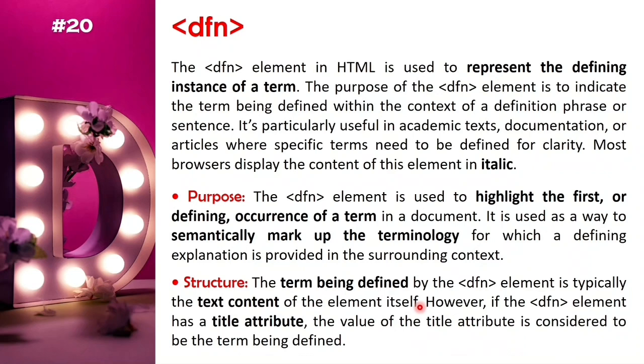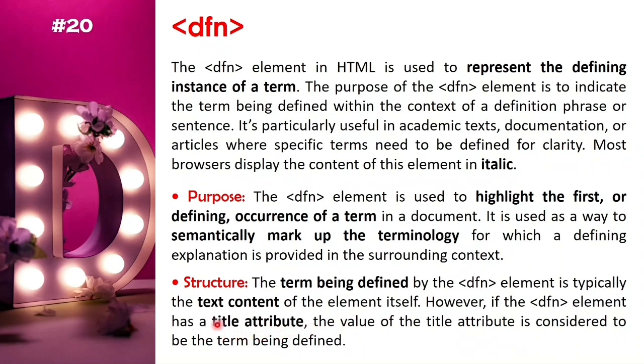The define element is used to represent the defining instance of a term. It has both opening and closing tags, and typically the term being defined is the text content of the element itself, what goes inside the element. But if it's different, or if we've provided an abbreviation or something inside the element, then we can use its title attribute.